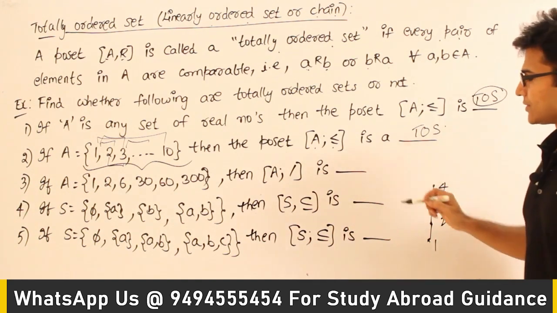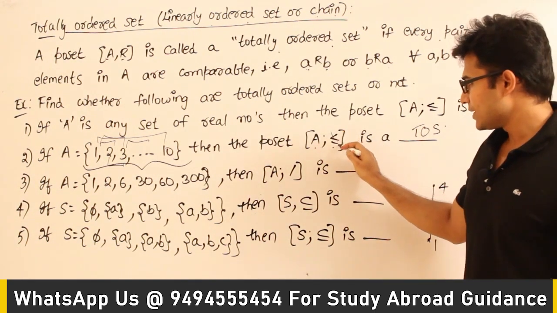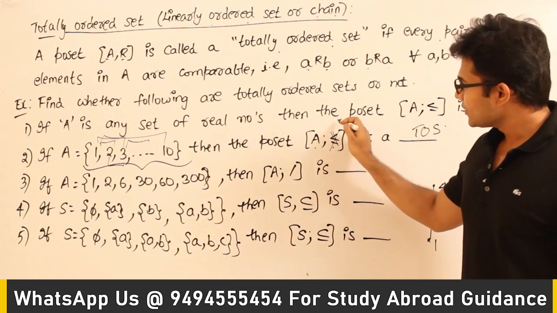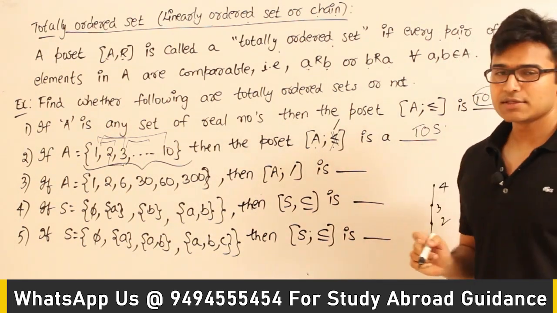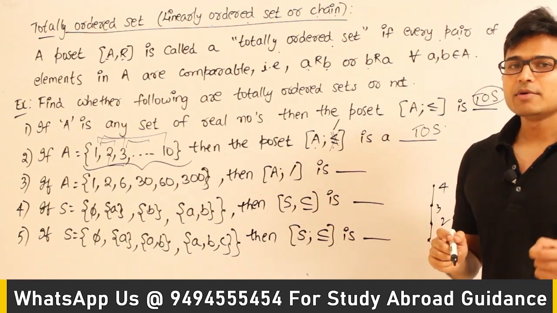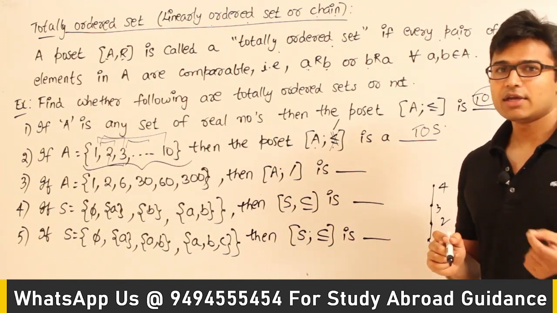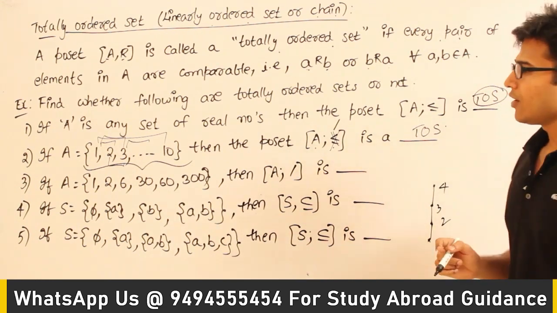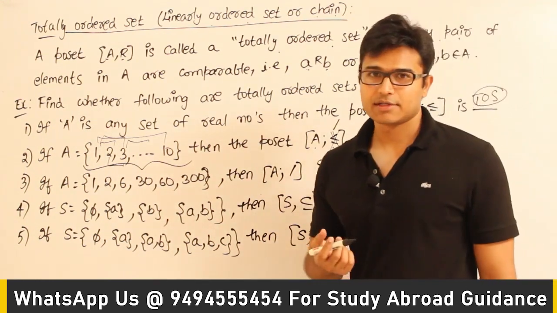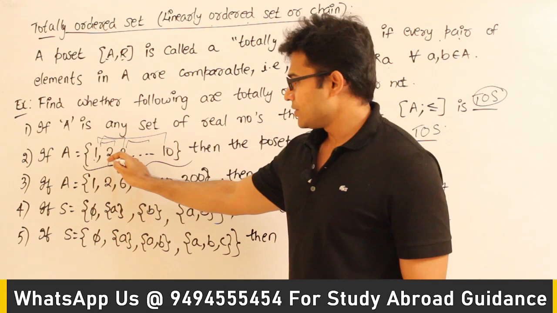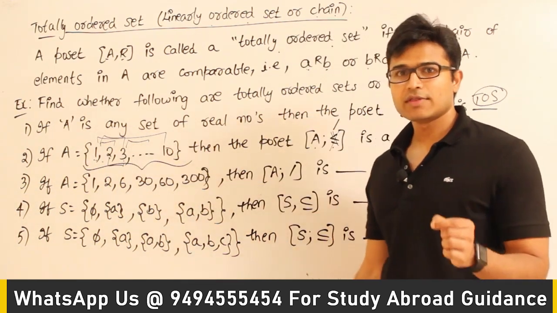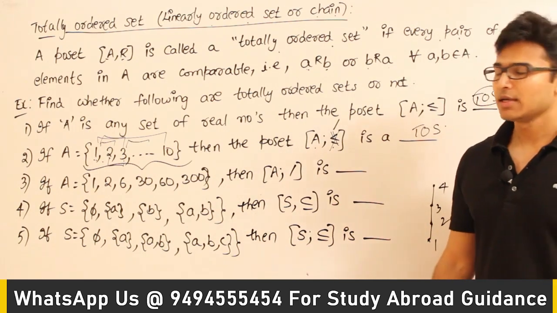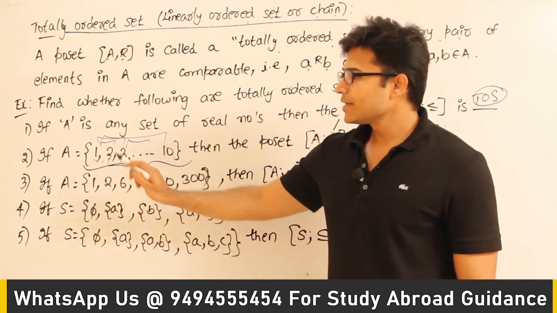Now, just out of curiosity, if I replace this less than or equal to relation with divides, let us say this relation is defined by (A, B) belongs to the relation if A divides B. Now, is that a totally ordered set? See this, 1 divides 2, 1 divides 3, so on 1 divides 10. Therefore, 1 is comparable with every element. But will 2 divide 3?